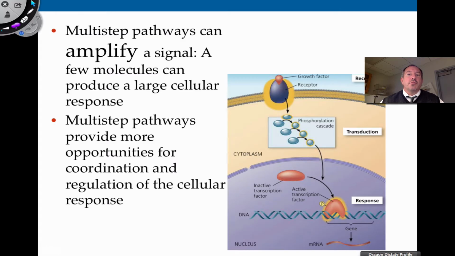Once that reception takes place, it usually causes the protein to change conformation, and that will allow something to take place. And so this is what we mean by the 3 steps of signal transduction pathway. It's reception, transduction, and then a cellular response.